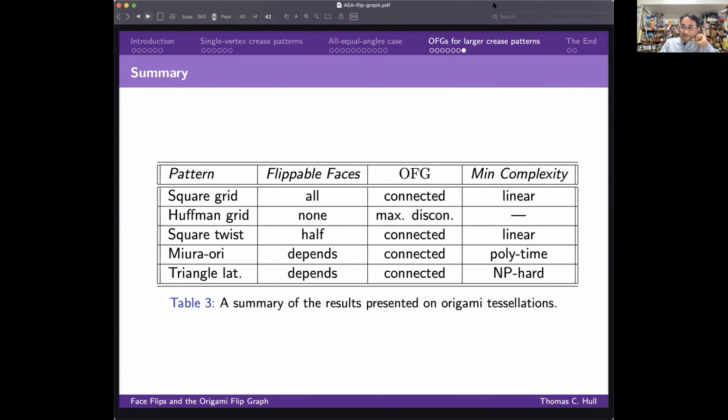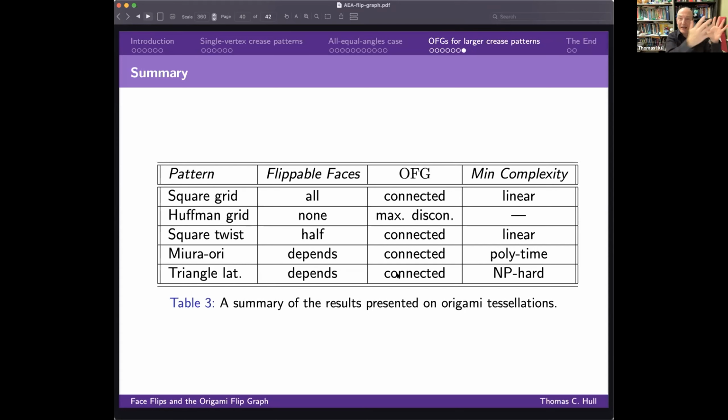Any path. Yes, we can, and that was in the proof of the connected case. The way we do that is we pick a canonical mountain valley assignment, I think one with all vertical creases mountains and everything else valleys.